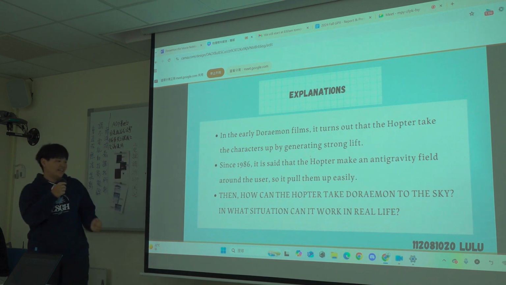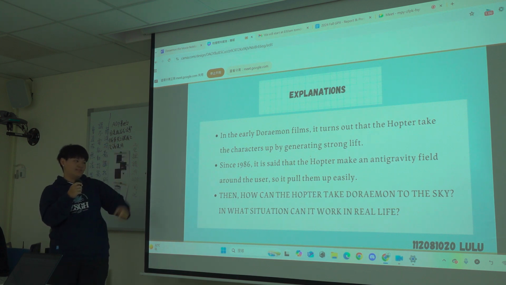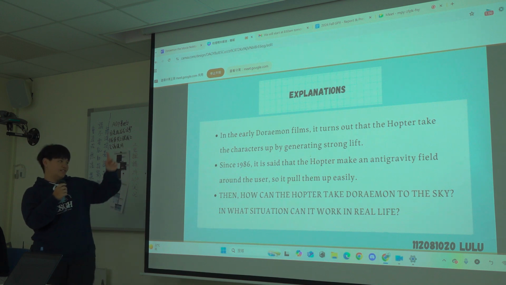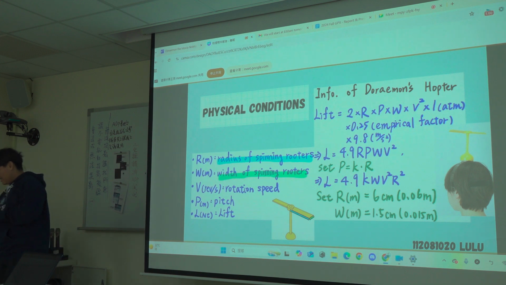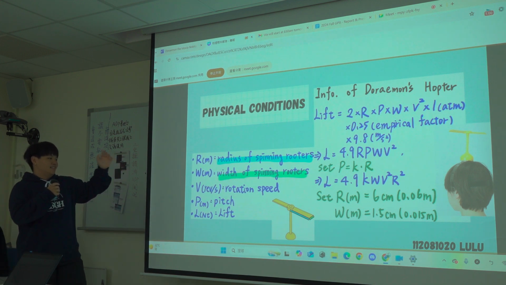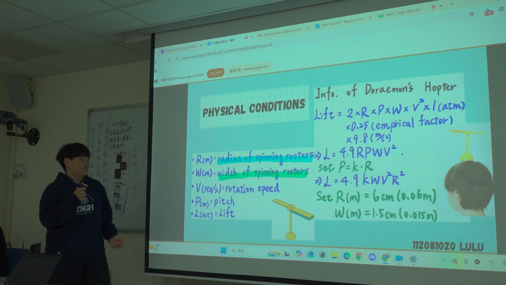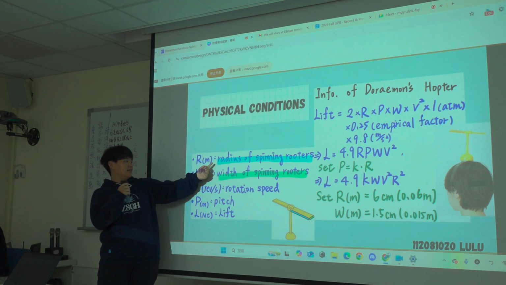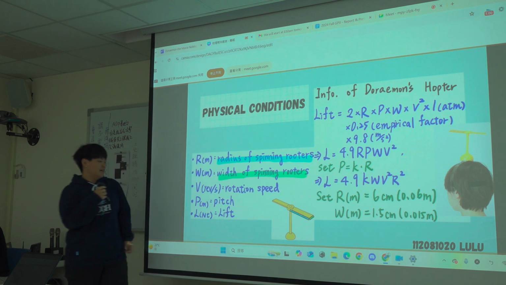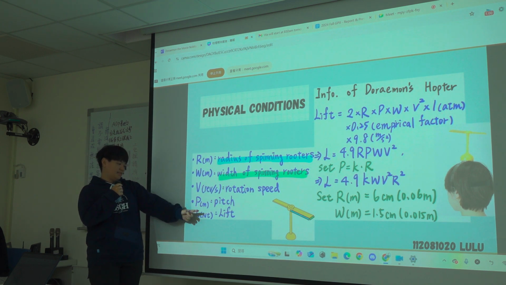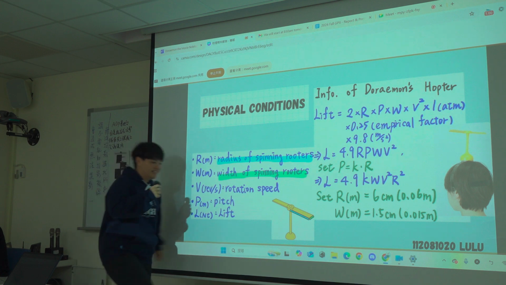Okay. And then I wonder how a Hopter can take Doraemon to the sky in the original. So I did some calculations. And this is the physical conditions of the Hopter. The blue part is the radius and the green part is the width. Also P means pitch and L means lift.